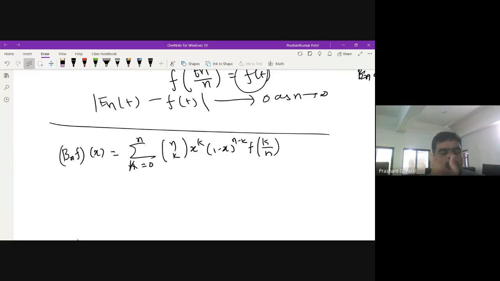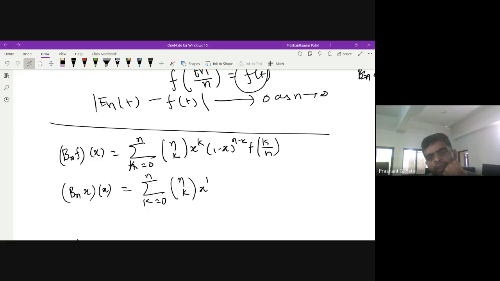Now f of x is x, so it is Bn x at x. So it is a function x, which I can write down as summation k running from 0 to n, nCk x^k (1 minus x)^(n-k) into k by n, because f of x is equal to x. So f of k by n will give you k by n.